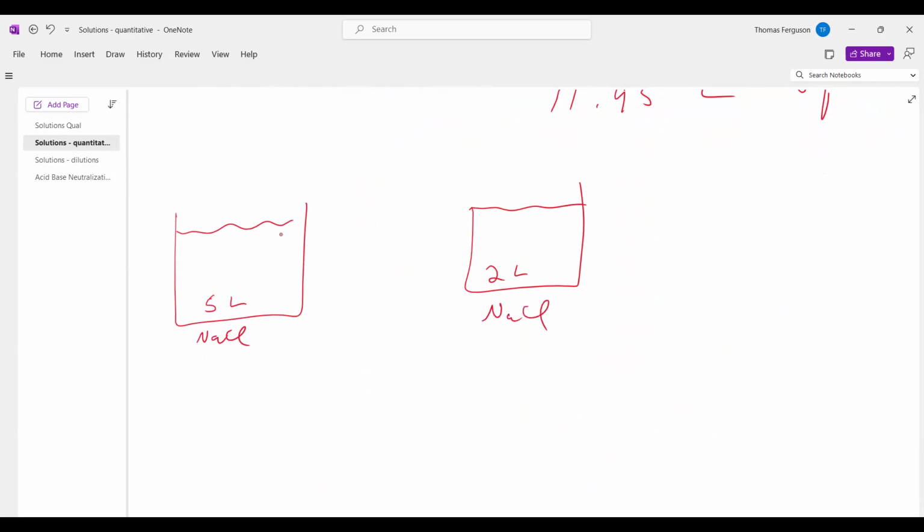All right, so we've got a 5-liter solution of sodium chloride and a 2-liter solution of, and we're going to dump them together. Okay, there are different concentrations.